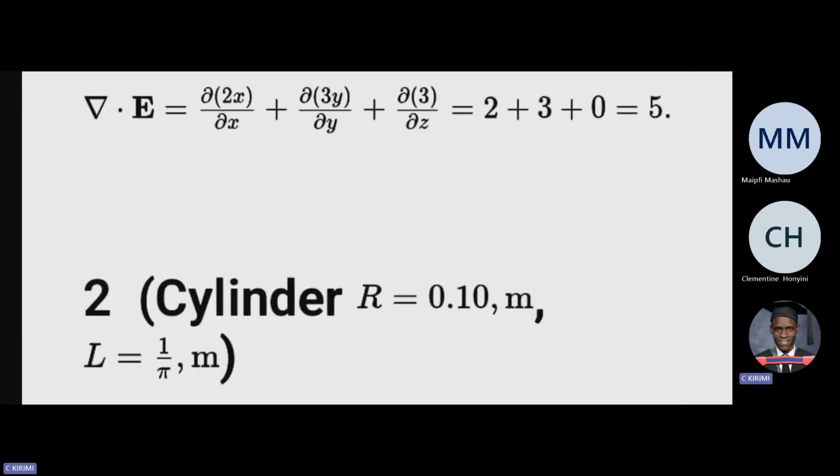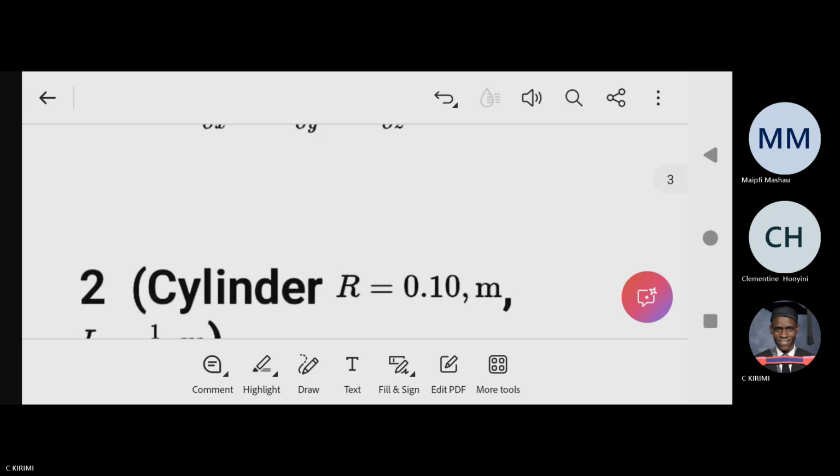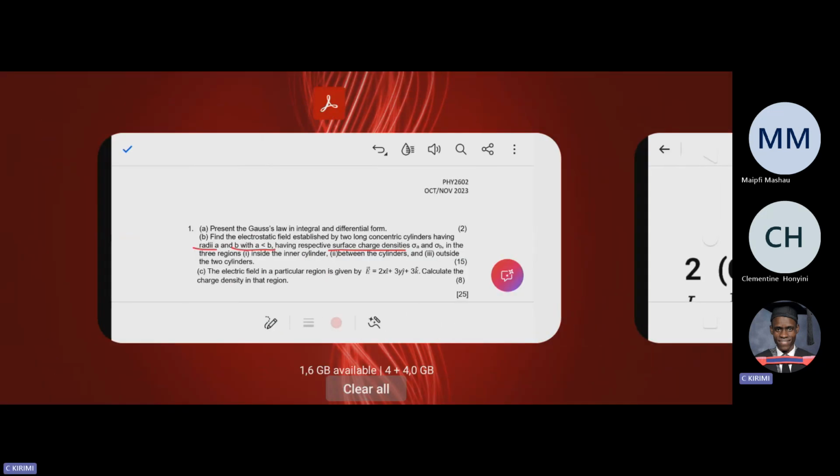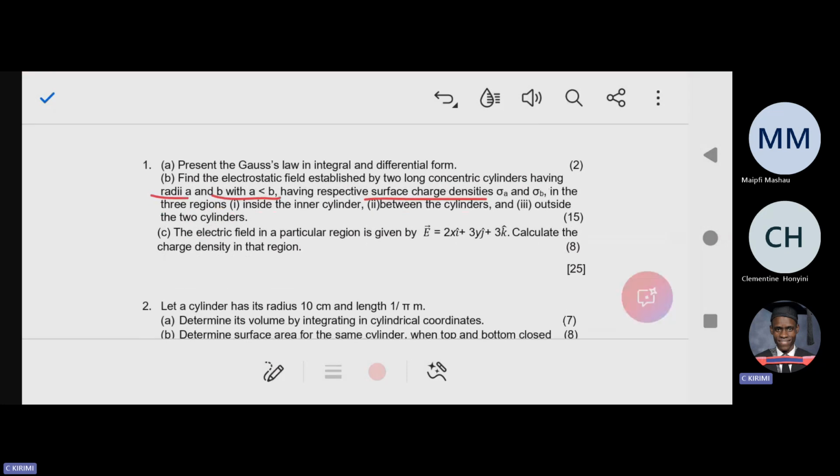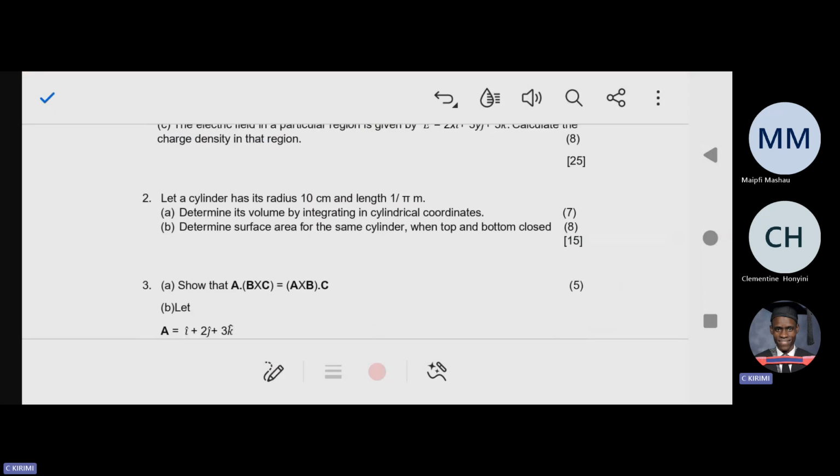Then number 2, the 8 marks, just 2 minutes, you'll be done. Collect your 8 marks. Let a cylinder have a radius of 10 centimeters and a length of 1 over pi meters.